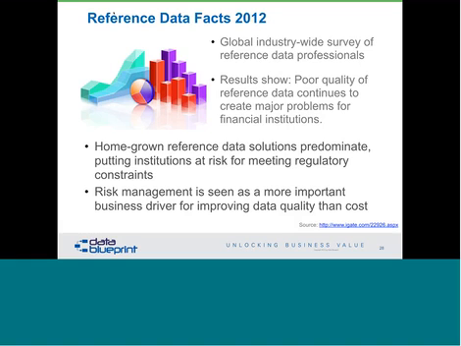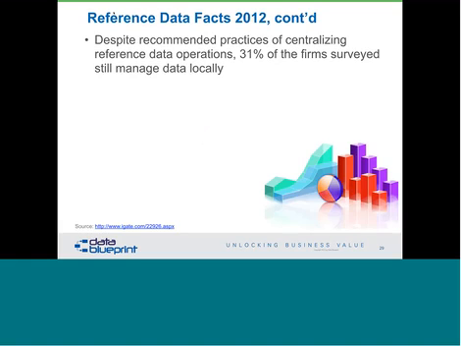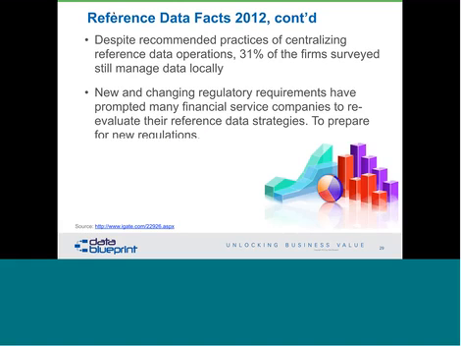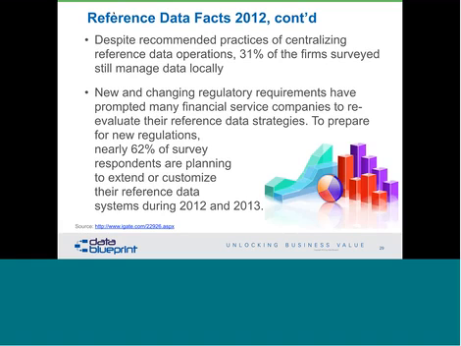Nobody could answer that question because we had very poor master data management around that. And we still see that a lot of firms manage data locally, not according to global standards, and we'd really like to get that number a lot further down. So most initiatives were focused around trying to customize or extend their reference and master data systems in the period immediately following the financial crisis.